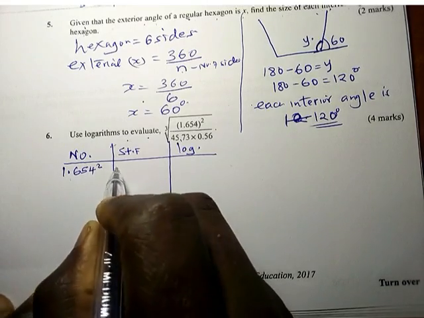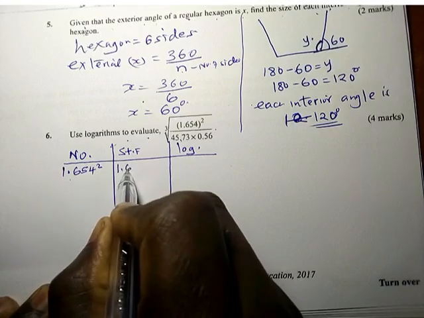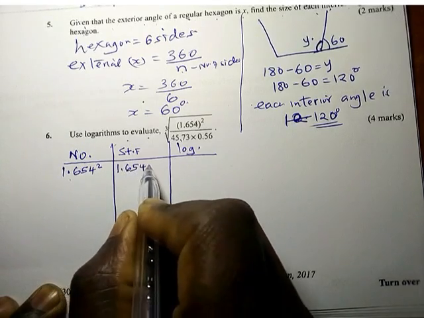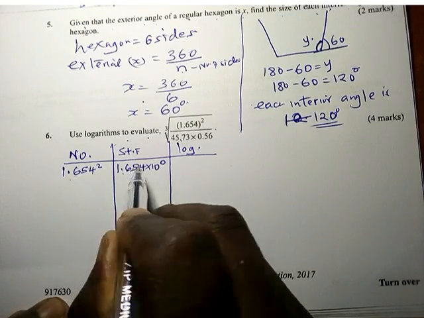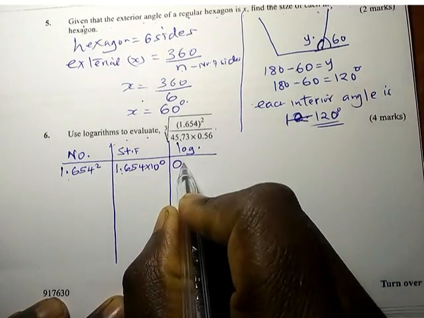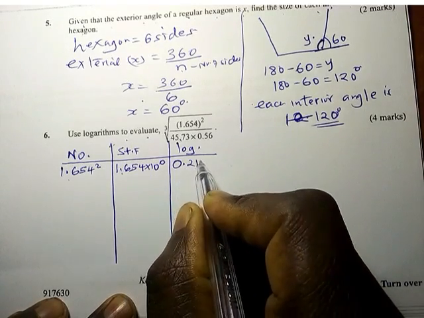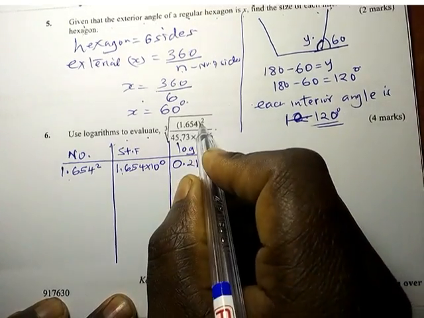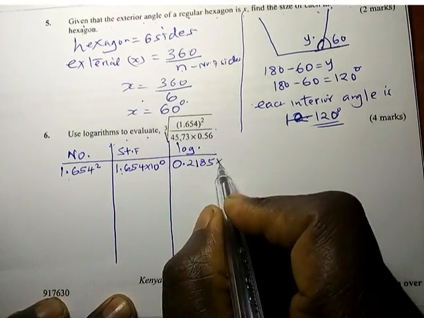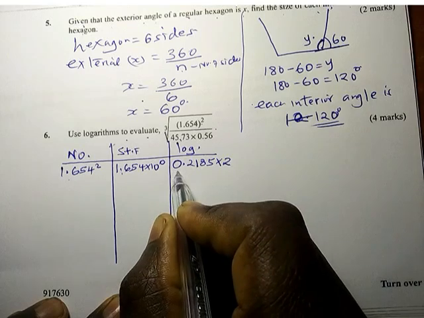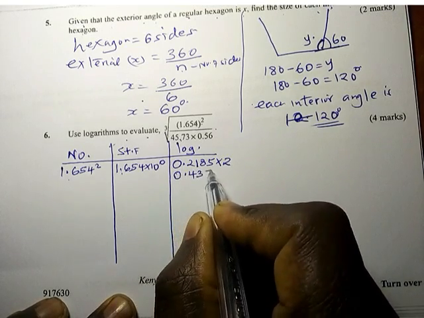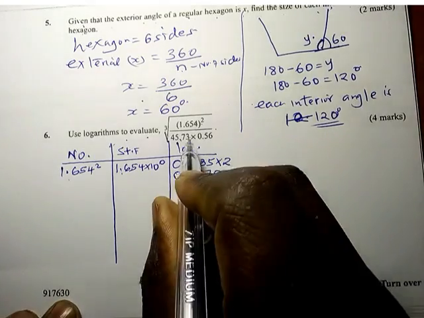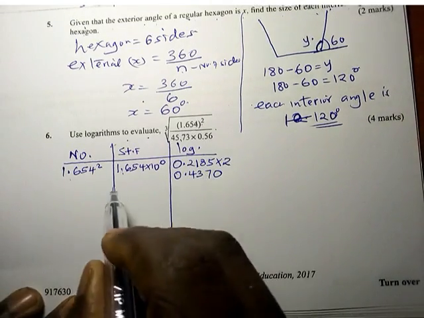The number is already in standard form, so it will be 1.654 times 10 raised to power 0. The log of this is 0.2185. Squared means we multiply by 2. This log we multiply by 2, it will give us 0.4370. So we are finished with the first number.